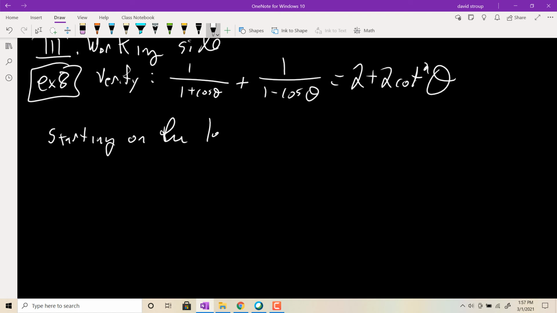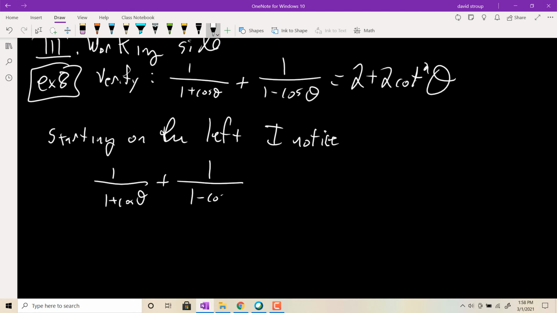Starting on the left, I notice 1 all over 1 plus cosine theta plus 1 all over 1 minus cosine theta.